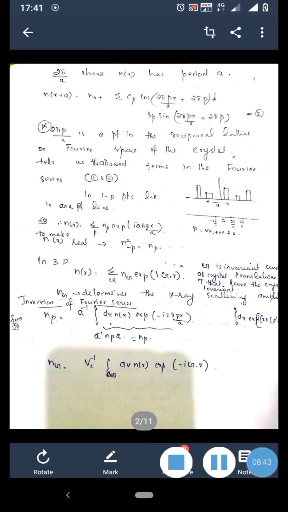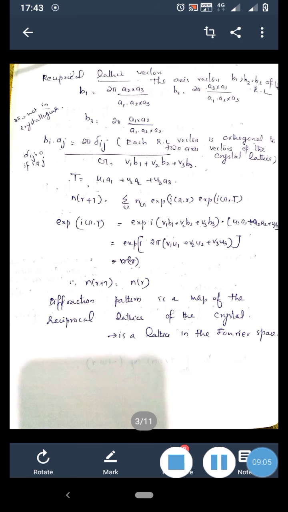So that becomes n of r equal to summation over G of n_G exponential i G dot r, where G is invariant under all crystal translations T that leave the crystal invariant. The conclusion we can make from here is that there is a relation between the reciprocal lattice and the Fourier space.